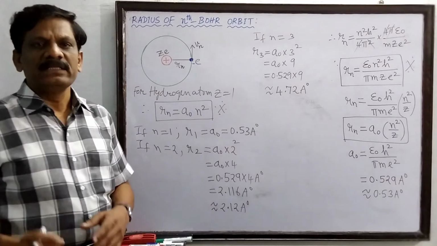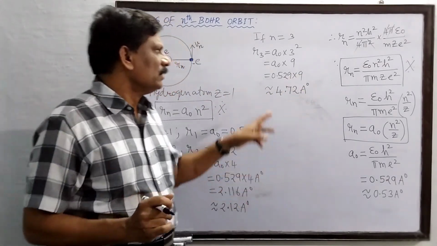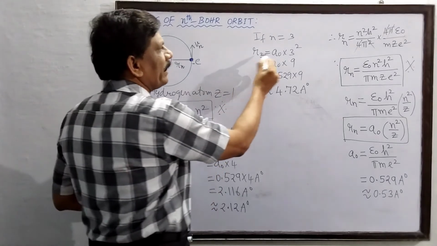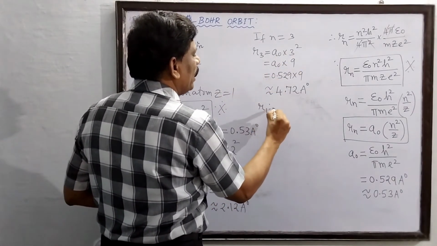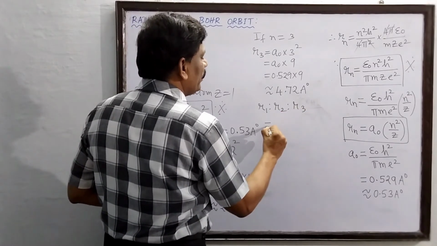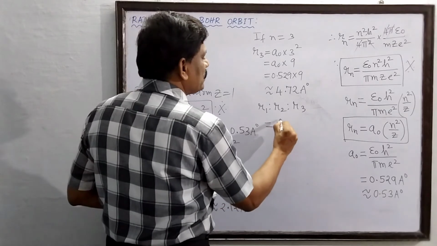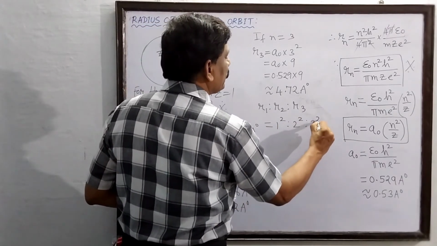As the electron's orbit radius increases, you can see that it is directly proportional to n square. So if you take the ratio R1 is to R2 is to R3, this will be equal to 1 square is to 2 square is to 3 square.